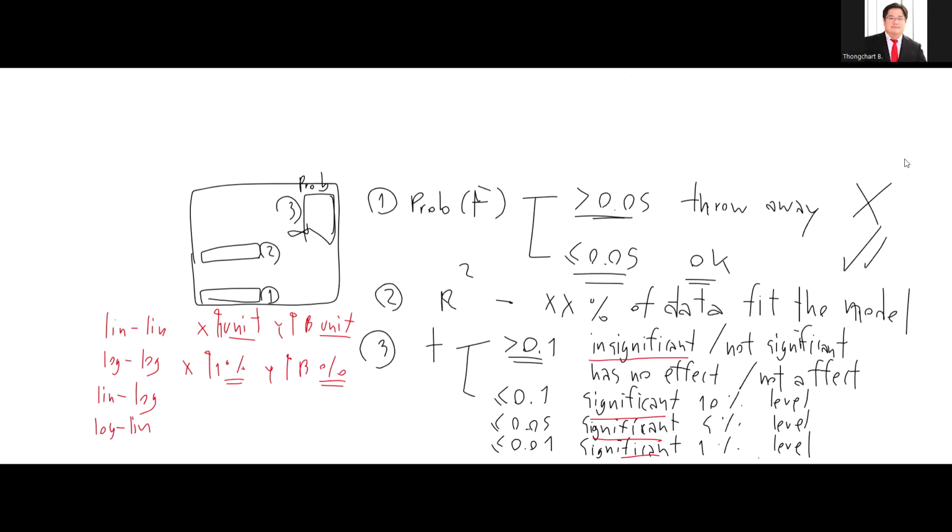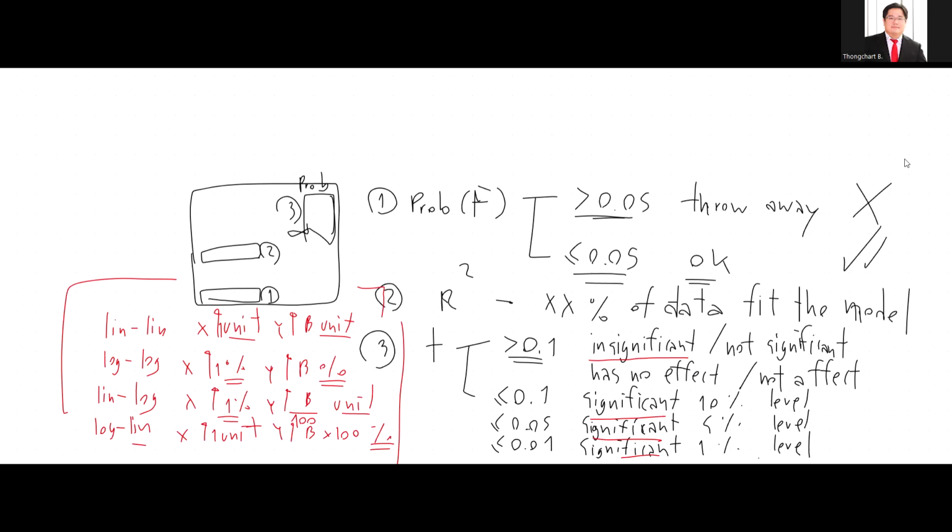In linear-log, x increases 1%, y increases beta over 100 units. And lastly, in log-linear, x increases 1 unit, y increases beta multiplied by 100%. You may make this your cheat sheet.